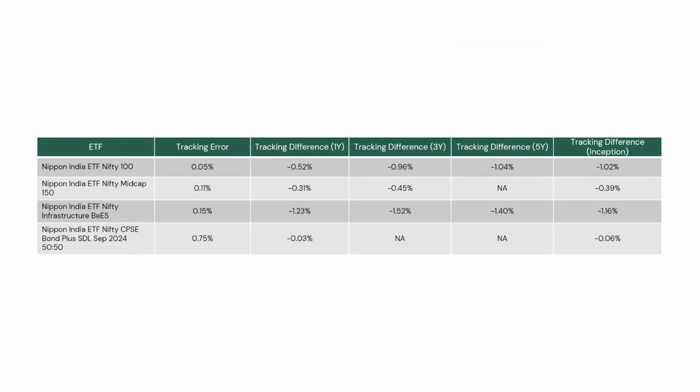For example, if an ETF tracking the Nifty 50 Total Return Index has returned 14.3% in the last 5 years, and the Nifty 50 Total Return Index has returned 15.9% in the last 5 years, then the tracking difference is 1.6%. The broader point is that investors should look at both tracking error and tracking difference, and perhaps give more importance to tracking difference. Tracking difference can be calculated over any time period, last 1 year, last 5 years, and so on. We will revisit this when we look at the framework to select the best ETFs.